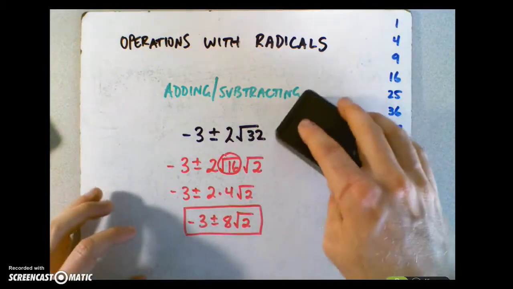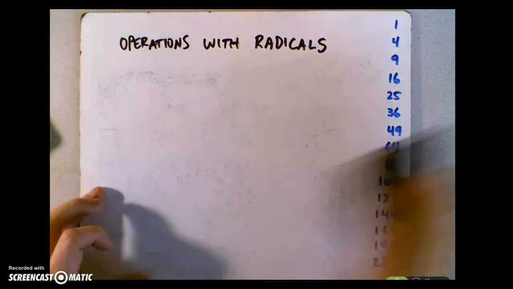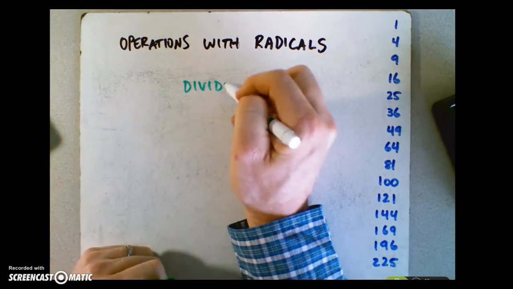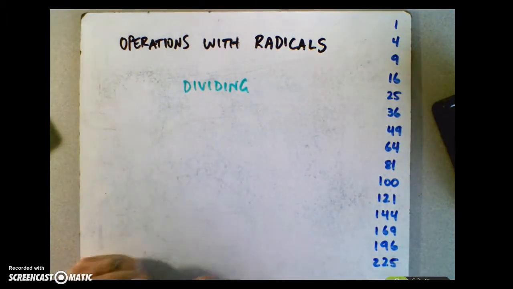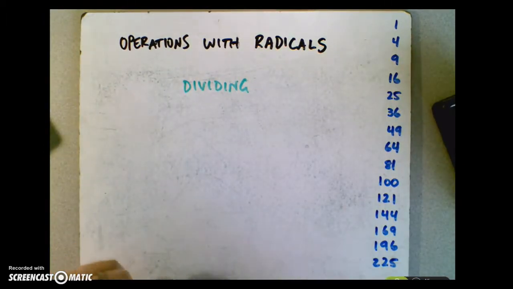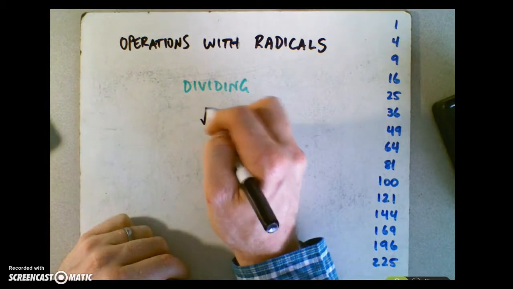Now, what about dividing? Once again, you can divide things that don't have a radical with something that does, but you have to be careful. Let's take, for example, this right here.